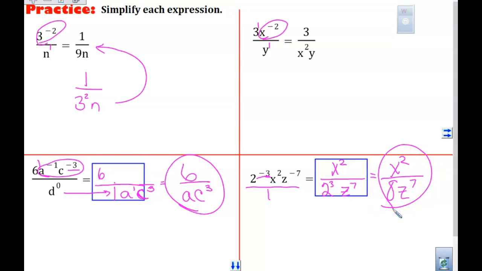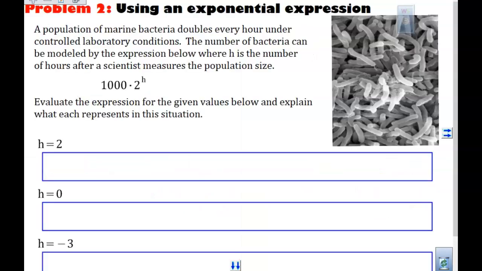Okay? Questions as you are taking a look. Use exponential notation and working with all these. You're going to see in scientific notation soon, but it says if we're using exponential expressions, a population of marine bacteria doubles every hour. So doubling would mean times what? We think doubling times 2. That's why the base here is 2, right?